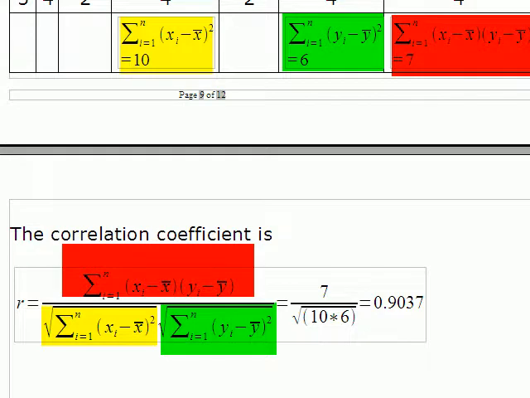And when I multiply all this out, taking the square roots, etc., I get an answer of 0.9037. That's a correlation coefficient of approximately 1. That says that this data is highly linearly correlated, and it's correlated in a direct fashion, meaning that as the x values increase, the y values also increase.